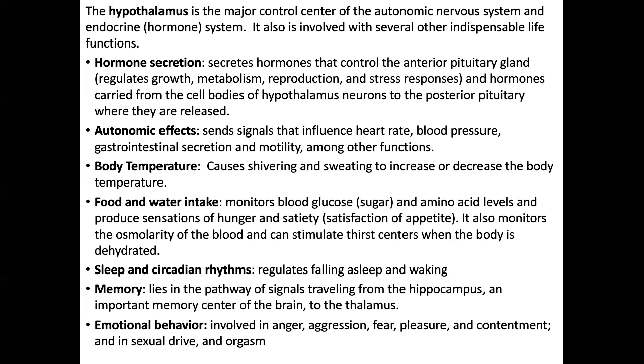Your hypothalamus helps you go to sleep. It helps you wake up. It helps establish what we call our circadian rhythms. Your circadian rhythms are your biological clock. Now, when you hear somebody describe their biological clock, what they might be saying is, I'm 24, I need to get married. I'm 35, I need to settle down and buy a house. No, that's not your biological clock. Your biological clock, your circadian rhythms, is a 24-hour cycle of events that occur on a daily basis.